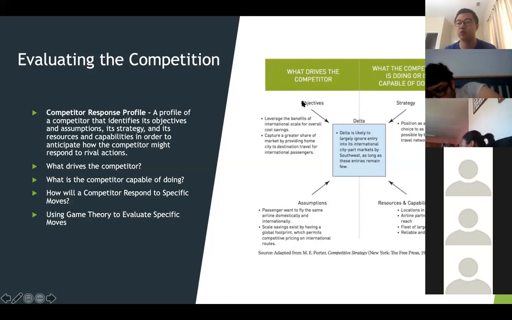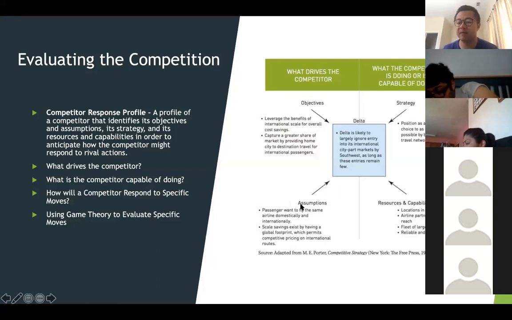For what drives the competitors, under this title there are two dimensions. The first one is objectives. The second one is assumptions. For example, the objective is to leverage the benefits of international scale for overall cost savings and capture a greater share of the market by providing home city to destination travel for international passengers. That means Delta wants to achieve its objectives by saving costs for the company and also improving market share.